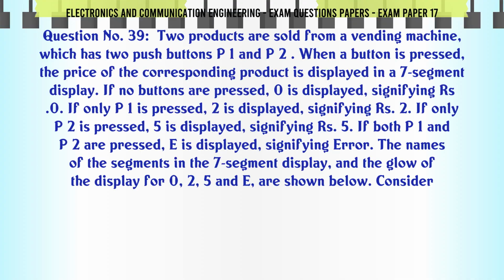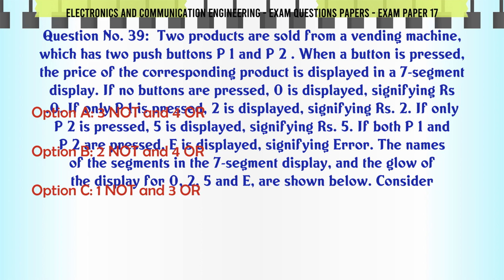Two products are sold from a vending machine which has two push buttons P1 and P2. When a button is pressed, the price of the corresponding product is displayed on a 7-segment display. If no buttons are pressed, 0 is displayed signifying rupees 0. If only P1 is pressed, 2 is displayed signifying 2 rupees. If only P2 is pressed, 5 is displayed signifying 5 rupees.